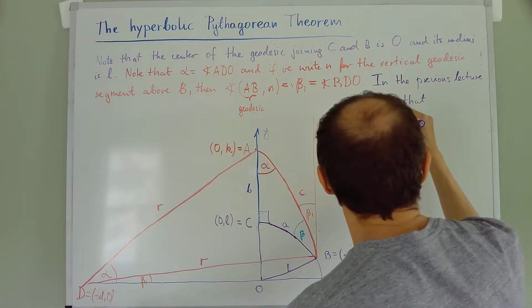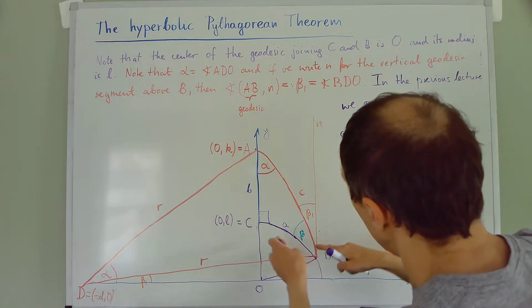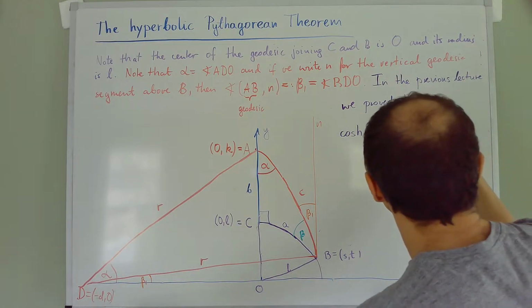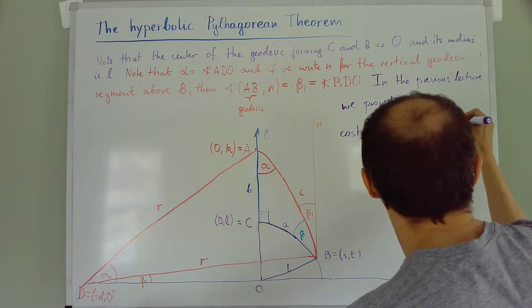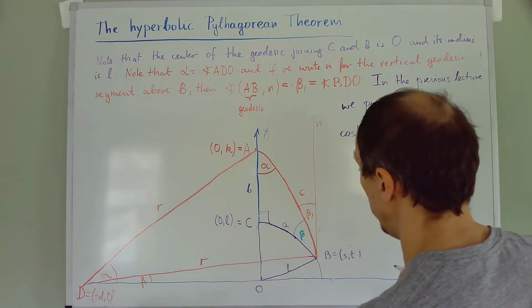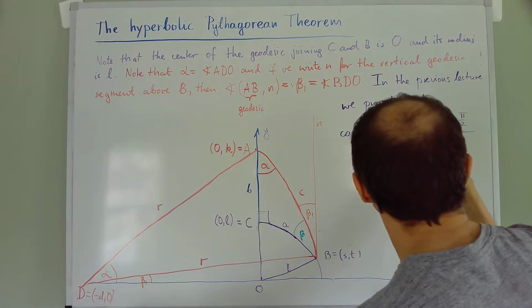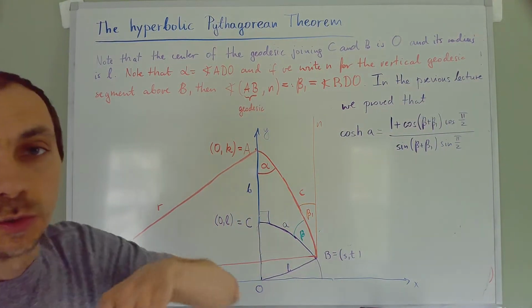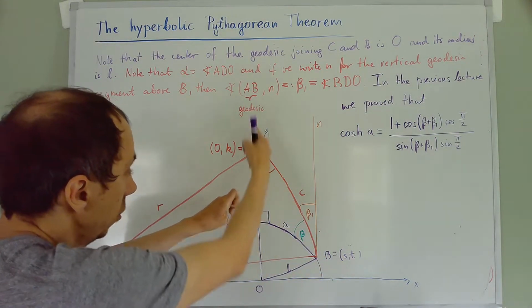So this angle is right, and this angle is beta plus beta 1. So it's 1 plus cosine of beta plus beta 1 times cosine 90 degrees, divided by sine of beta plus beta 1 times sine 90 degrees. Remember, this was the formula for the cosine of the length of a geodesic between two vertical geodesics.